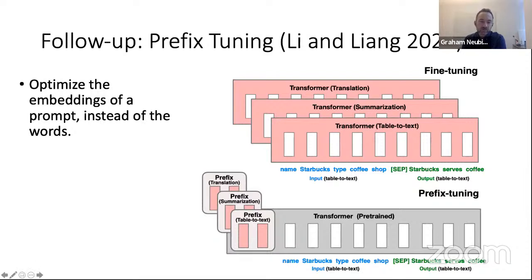These are trained in continuous space, so they don't correspond to real English words, but nonetheless, it's similar to the prompting that we have here, because they're adding something onto the sequence that you need to process in order to manipulate the behavior of a pre-trained transformer model.